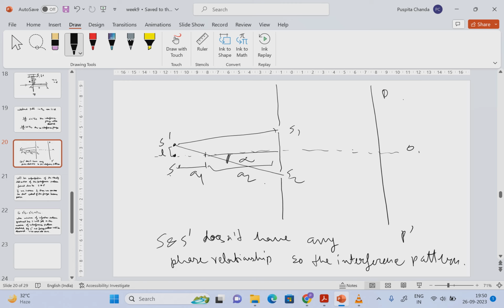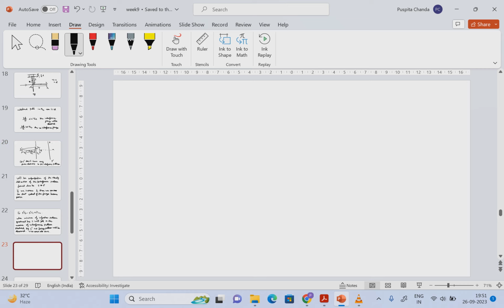The angle here is alpha, and this angle is also alpha, and the distance between S1 and S2 is D. We can do the same experiment with an extended source, where S and S dash are within a source. That criterion I will discuss later.